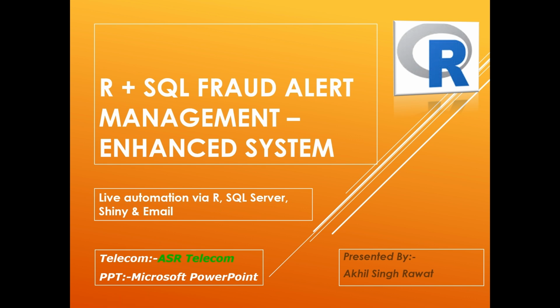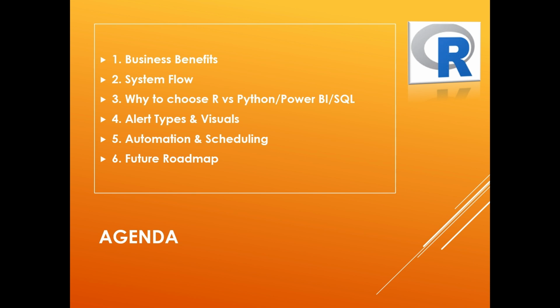Let's move to the next slide quickly. Now you can see the agenda. This is a quick roadmap. First is business benefits and system flow, what the system flow is and what the benefits of this business solution are. Then why R is more important than Python, Power BI, and SQL in this type of business problem.